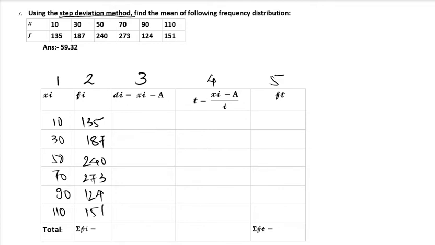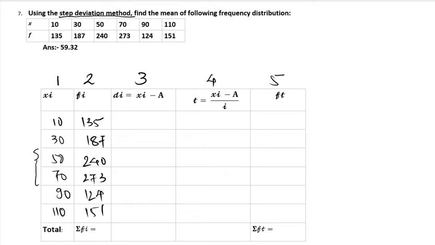So as you can see, the third column is di equal to xi minus a, the deviation. First, you have to assume one observation as the assumed mean, the middle one. Now there are 6 observations. I just told in the previous question, what if there are an even number of observations, and that case is in front of us now. Both the third and the fourth observations are the middle ones.